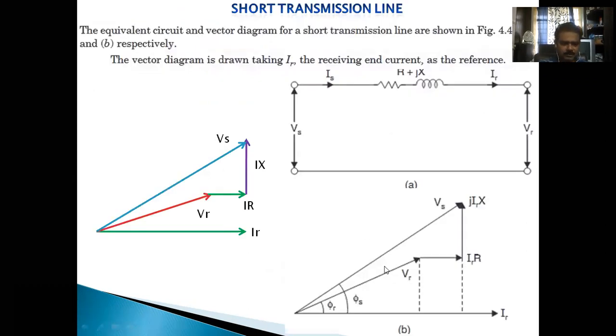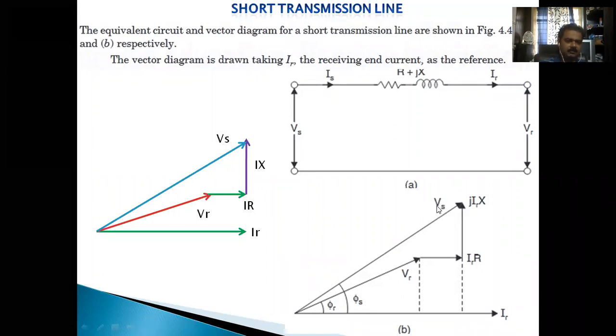It is from this phasor diagram, if we observe. If we resolve on the x-axis, Vs cos phi s is equal to the x component of Vr, that is Vr into cos phi r, plus we can directly add this component IR into R. That gives the entire x component of this Vs vector.